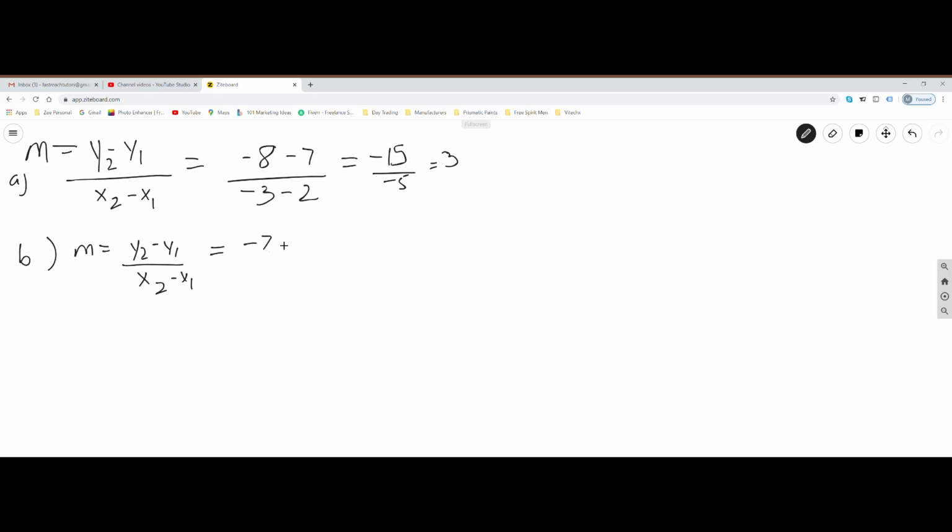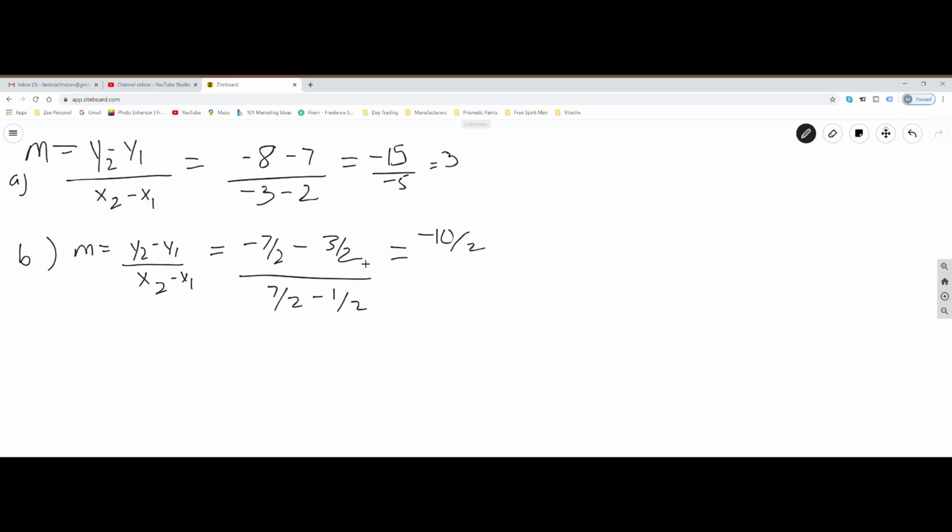Negative 7 over 2 minus 3 over 2, over 7 over 2 minus 1 over 2. So this becomes negative 10 over 2.